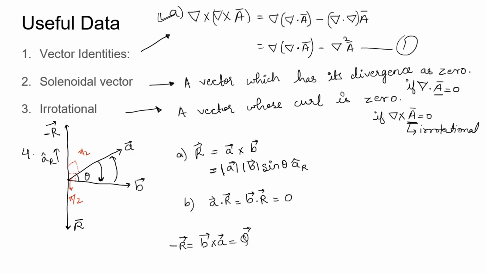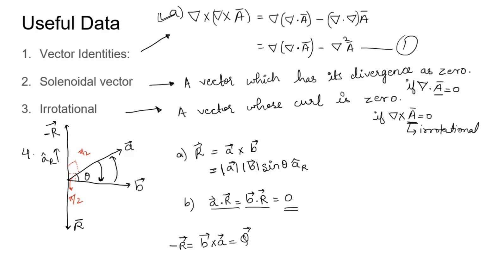Another thing which we need to note is that in a cross product, the resultant vector is perpendicular to both A and B. So this plane which contains both of these vectors A and B, the resultant vector will be perpendicular to both of these vectors, which is why A dot R and B dot R will be 0.